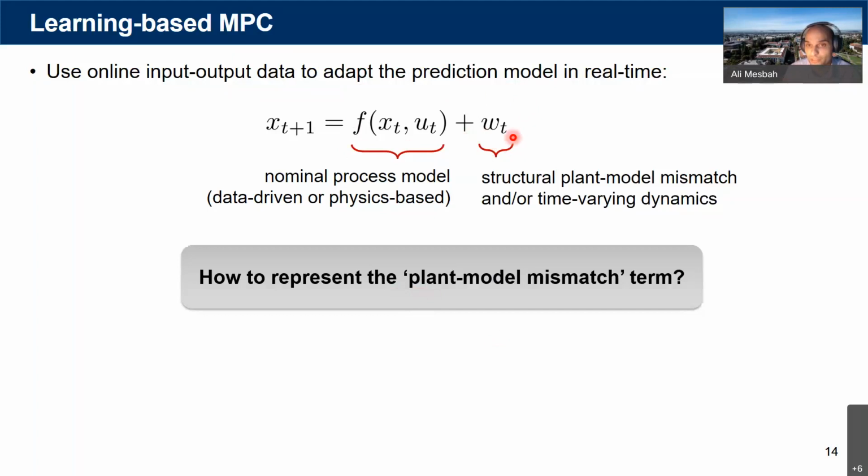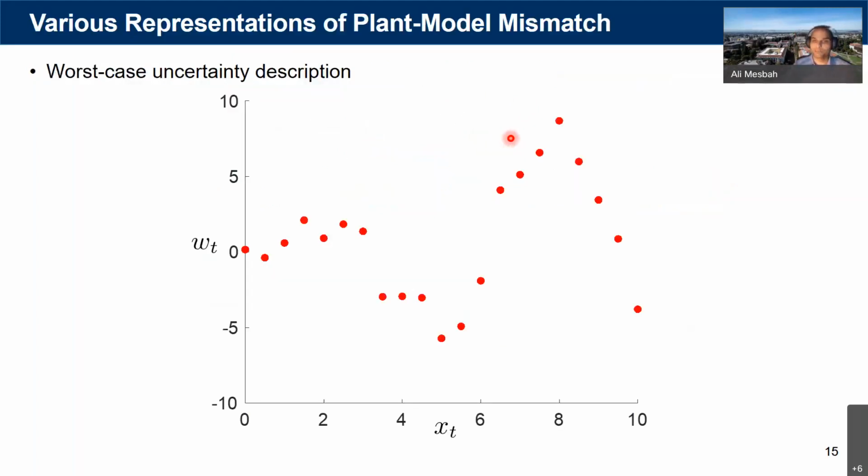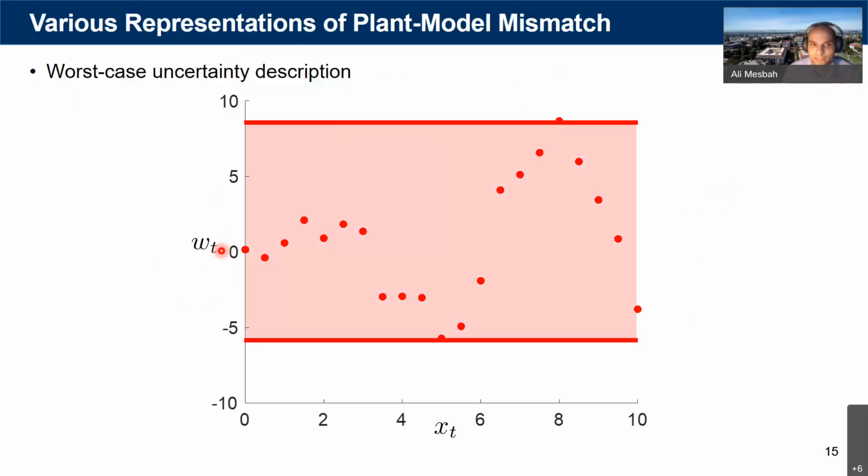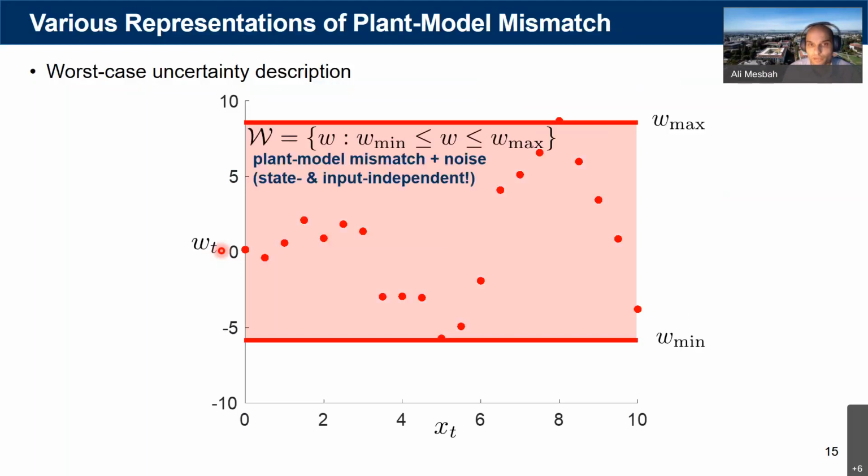This W term. So, as I mentioned, one approach is to take the worst-case view of uncertainties, meaning that we observe certain realizations of an uncertainty W. These dots are realizations of the uncertainty, and we can accordingly identify the worst cases for these uncertainties: the maximum uncertainty realization and the minimum uncertainty realization.